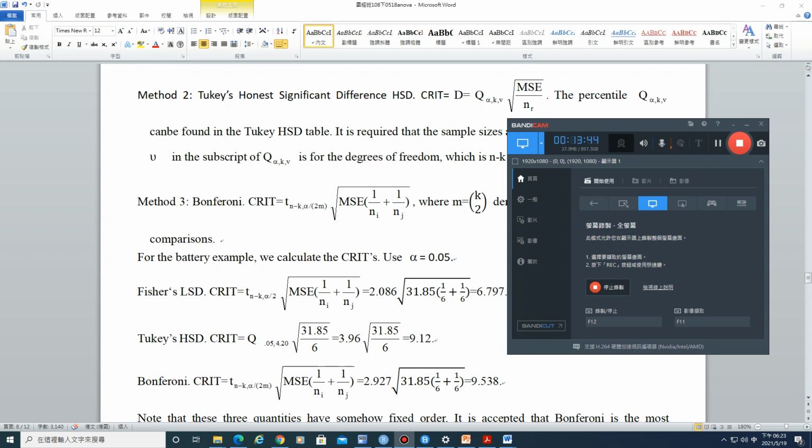So probably using everything, the result will be the same. The confusing cases are that using different critical values, different minimum significant differences, you get different results, and you will ask, what should I do? Well, it's a big question. I'll answer that question later. Let's take a break.